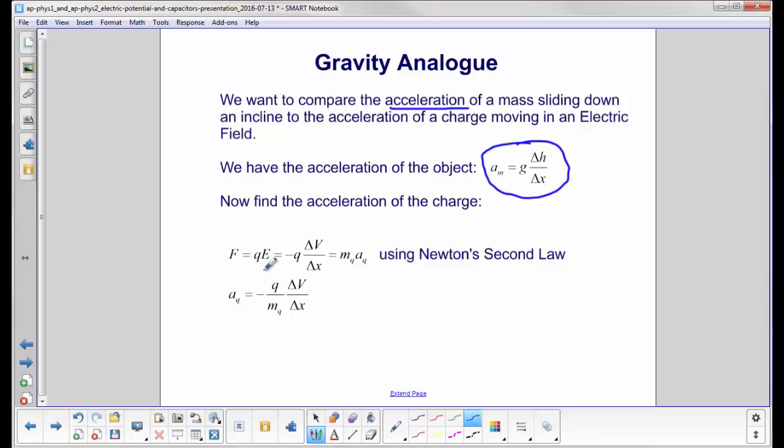We know that E is minus delta V over delta x, so we're left with the force is m_q a_q. We divide out m_q, and we come up with the acceleration of the charge in this uniform electric field is minus q over the mass of the charge times delta V over delta x.